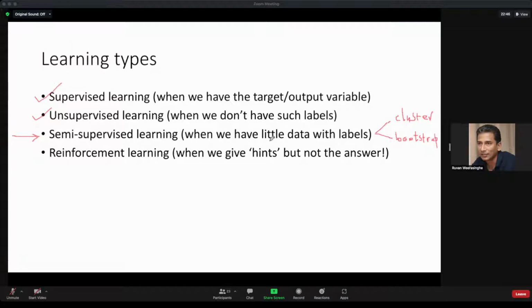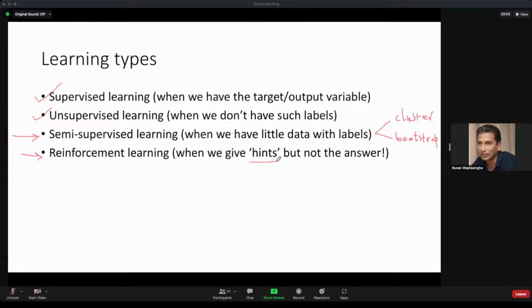And these are both very practical situations. Reinforcement learning, I'm not sure that you've done this. So this is where we don't have the answers, nor do we not have the answers, but we have kind of hints, right?